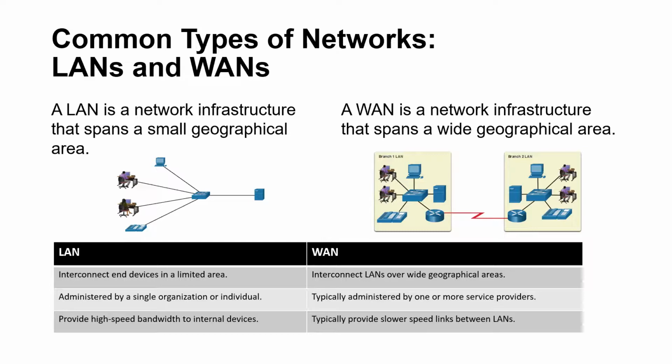It is only administered by a single organization or individual, and it provides high-speed bandwidth to internal devices. While a wide area network is a network infrastructure connecting multiple LANs. It spans a wide geographical area, and it's typically administered by one or more service providers, while it provides lower speed links between local area networks.